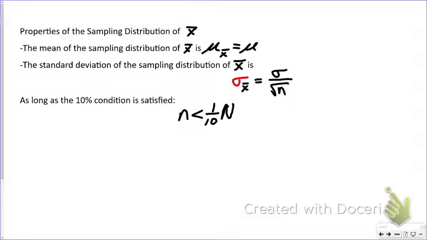So usually that condition is not in danger of being violated. But if I'm working with a deck of cards, or say I'm sampling from a class of students, that's very finite. If I'm sampling from Lubbock High students, that's finite, because I only have around 2,000 students. If I was to sample more than 200, then I'm in trouble.